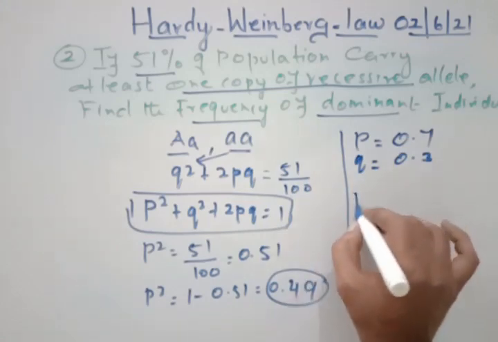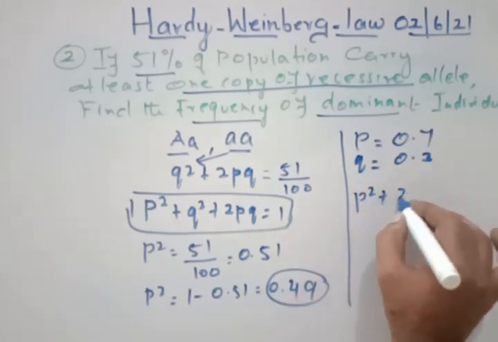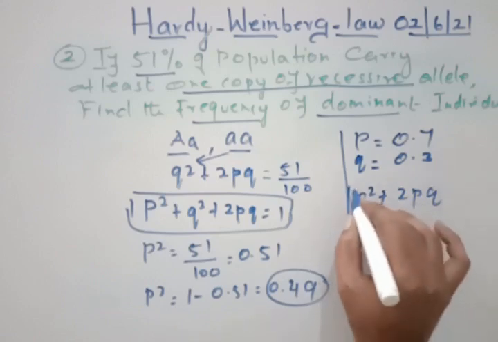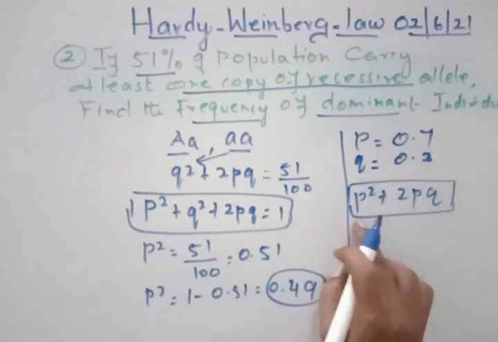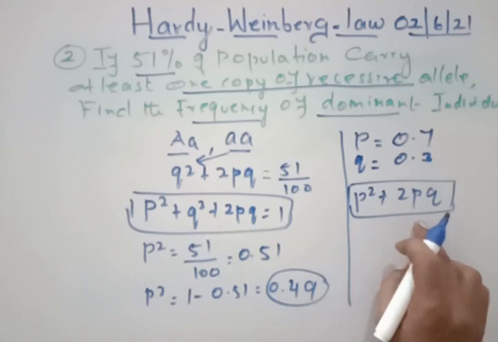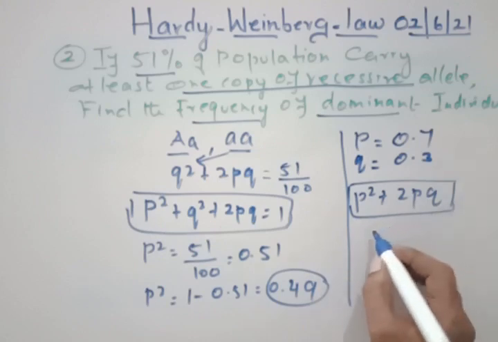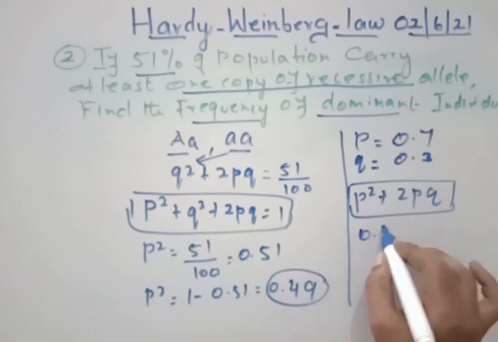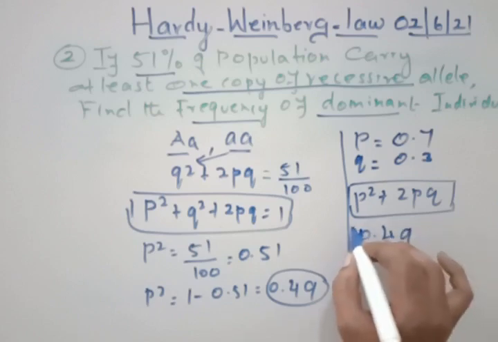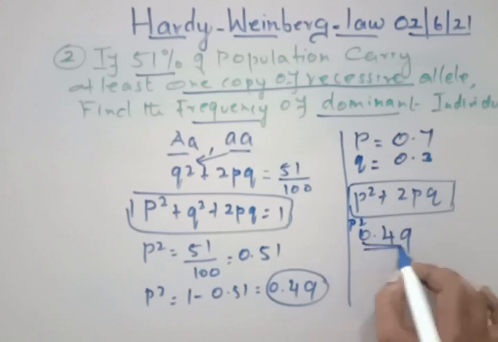So now the p square plus 2pq. Here this is the dominant and this is also dominant, both. That is the reason we have taken p square plus 2pq, homozygous dominant and heterozygous dominant. And the value is, the p square value is 0.49.